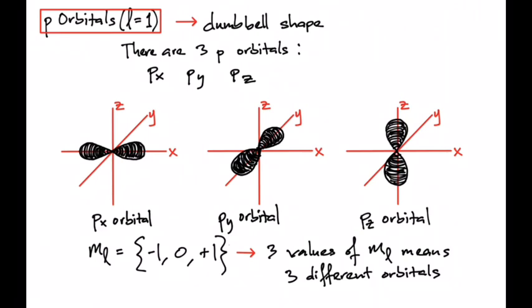Remember, m sub L is dependent upon the value of L. So if L equals 1, then m sub L must be from -L to +L, including 0. So in this case, -1, 0, and +1. Because we have 3 different values for m sub L, that indicates 3 different orbitals, and that's why we have these 3 different orientations of the p orbitals: px, py, and pz, a total of 3.